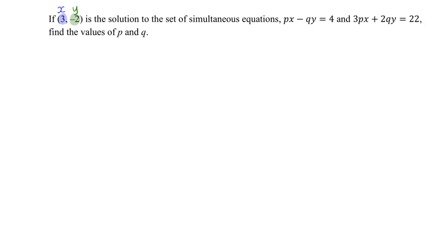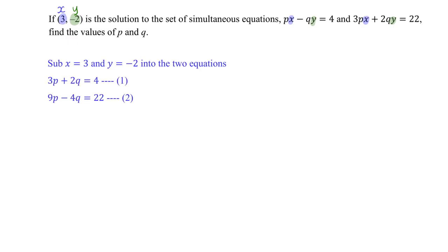It means that we can substitute this x and this y with 3 and -2 respectively. It should satisfy this equation, and this is what we get. And from here, we can easily solve this simultaneous equation already, right?